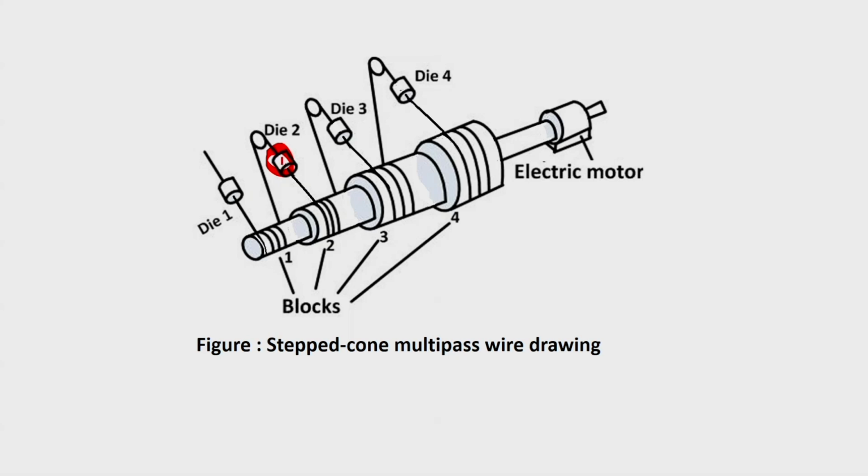Now, when it passes through the second die, the diameter at the outlet of the second die will be smaller than the inlet to the die. So here you need a higher velocity. That is taken care of by means of the diameter of this block. So this is a stepped cone block.